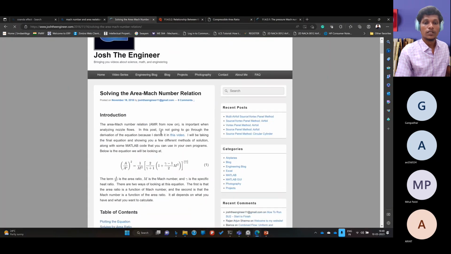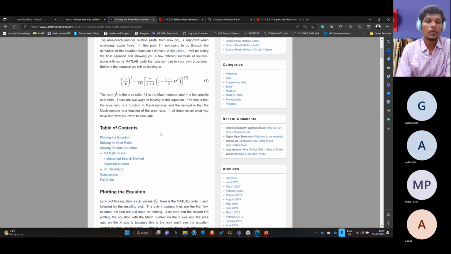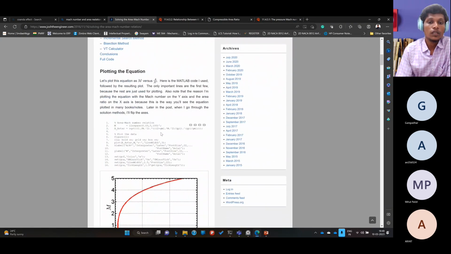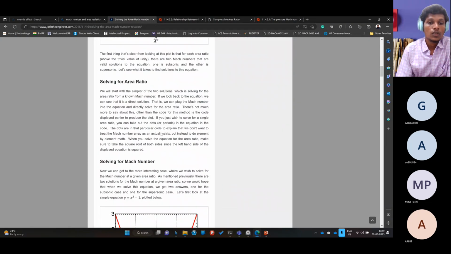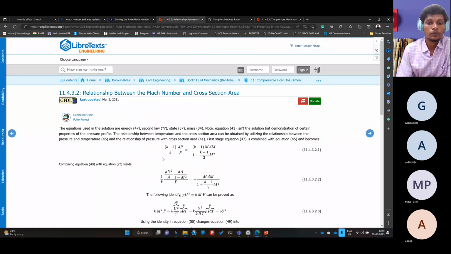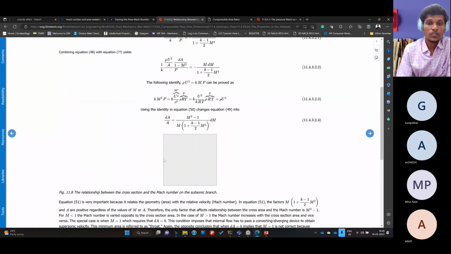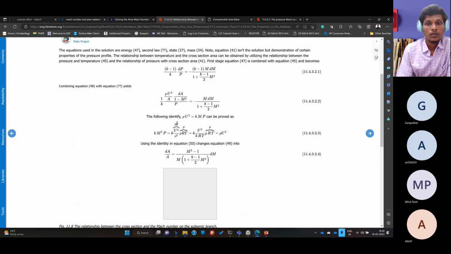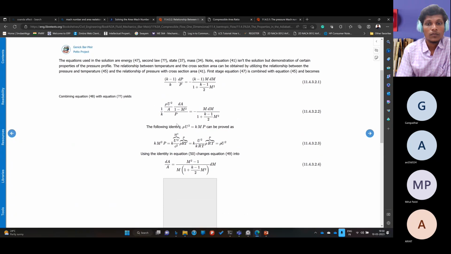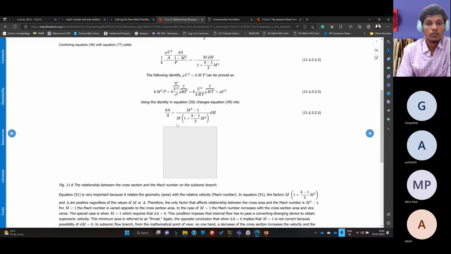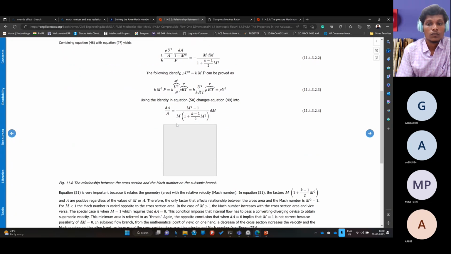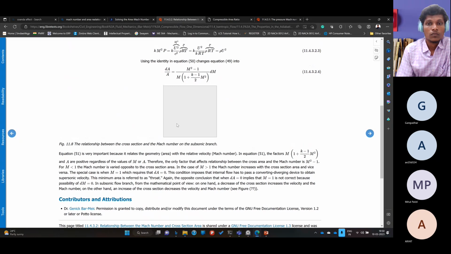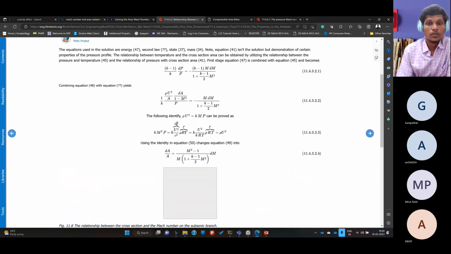That is actually given A star by A. This is also a primary relation, but we need here some differential format to understand your question. dA by A, it more or less looks like this: dA by A equals 1 minus... from where they substituted it.